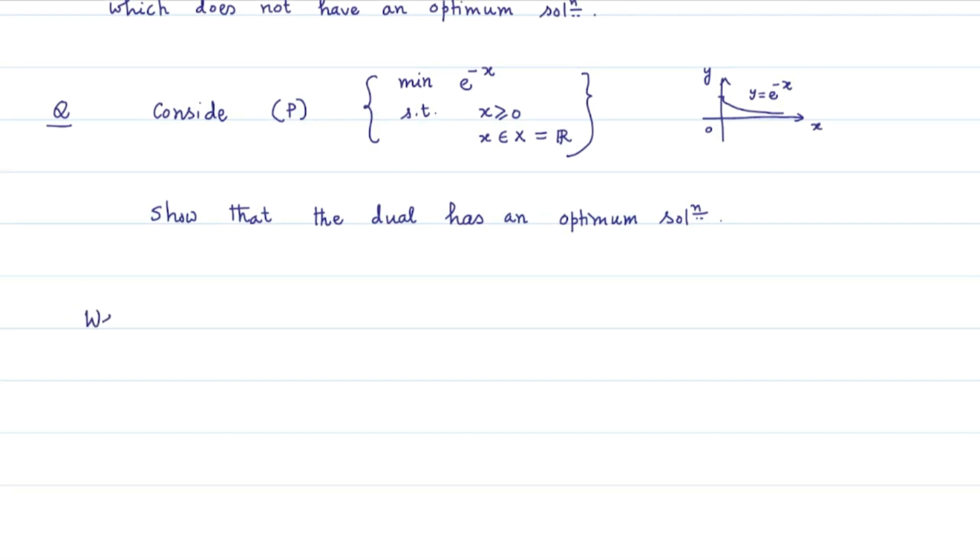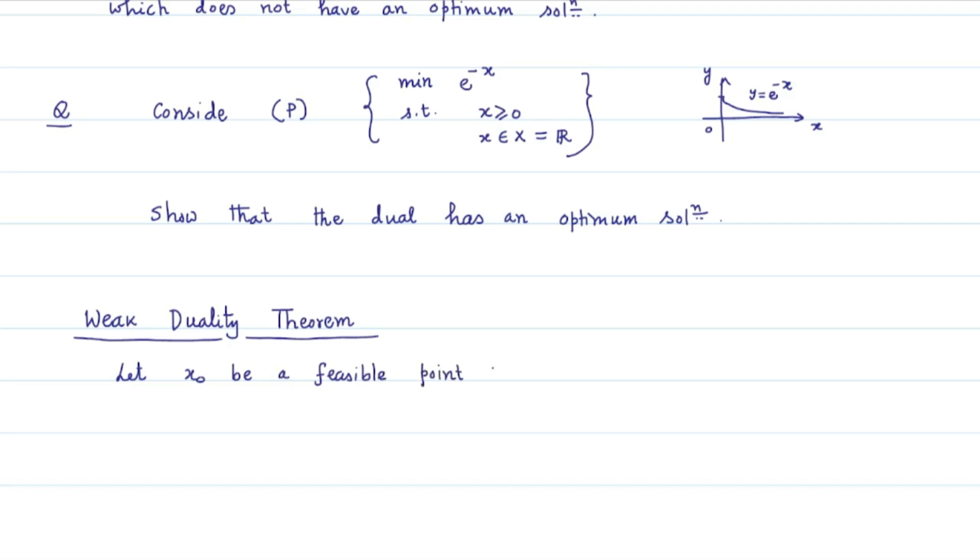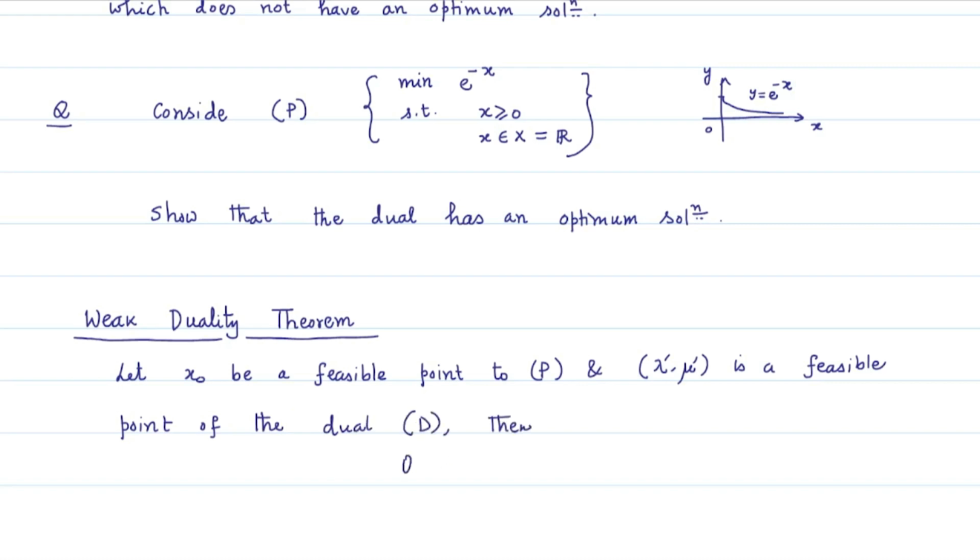So neatly we state here the weak duality theorem, which states that let x naught be a feasible point to the primal problem, and suppose lambda dash, mu dash is a feasible point of the dual problem, then the dual objective function value at lambda dash, mu dash is less than or equal to the objective function value of the primal at the point x naught.